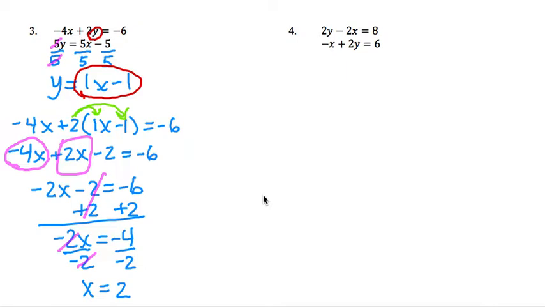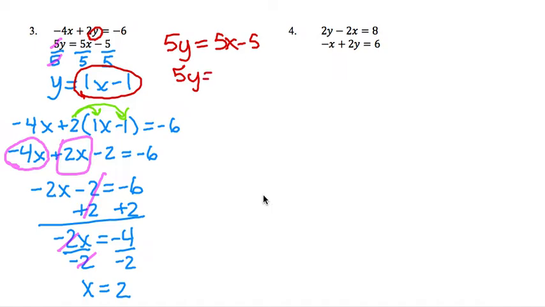So now to find y, I'm going to go back up and substitute into one of the two original equations. Always go all the way back up. So I'm going to use that bottom one, which was 5y equals 5x minus 5. So I'm going to substitute in 2 for x.